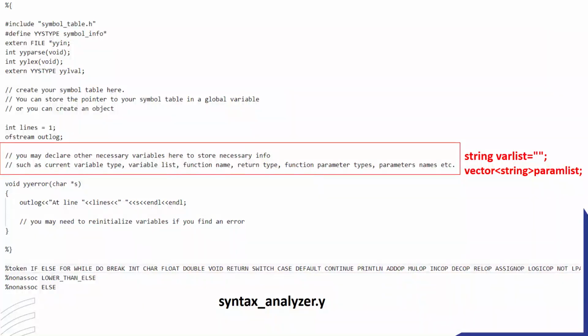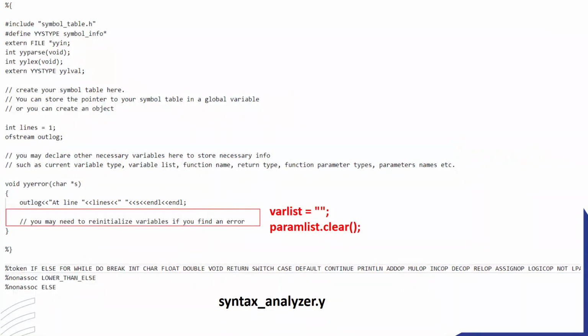After that, you will have to declare other necessary variables here to store necessary information such as current variable type, variable list, function name, return type, function parameters type, parameters name, etc. For example, I have declared var list and param list here. Also, you may need to reinitialize variables if you find an error. For example, I have reinitialized var list and parameter list here.